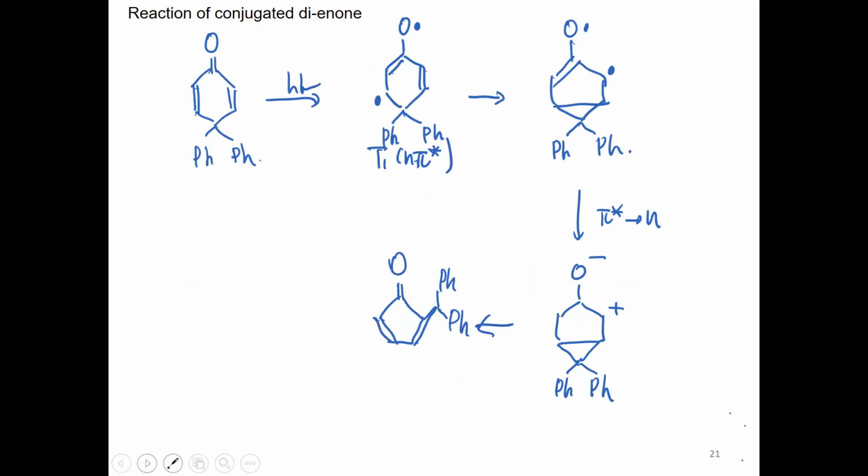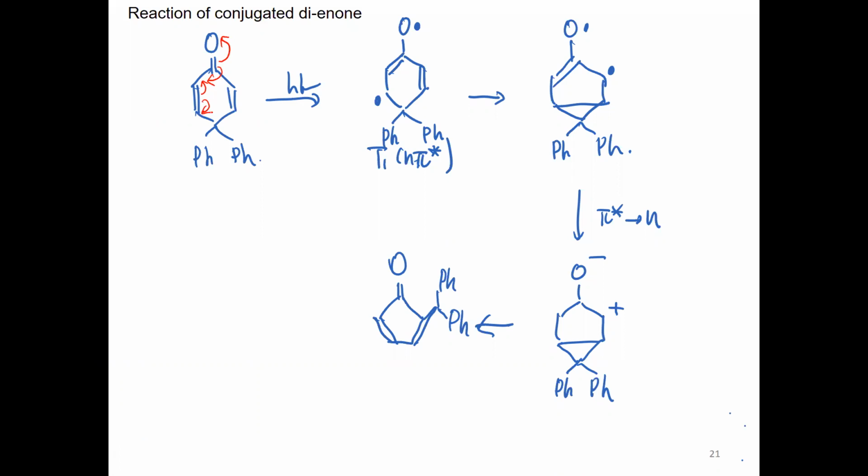For the last example, I'm not so familiar with this kind of reaction. Here it's a reaction of conjugated dienone. In this reaction, since there is initial excitation to the triplet, the reaction goes this way, right?